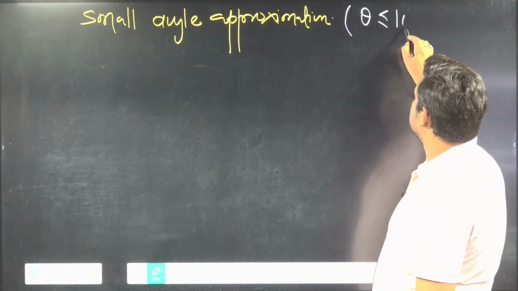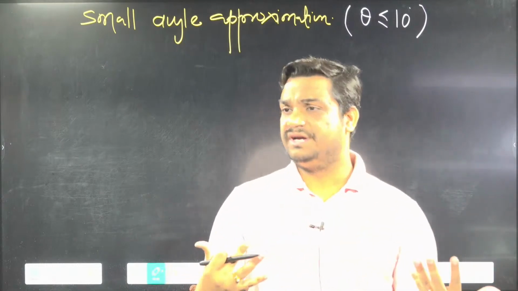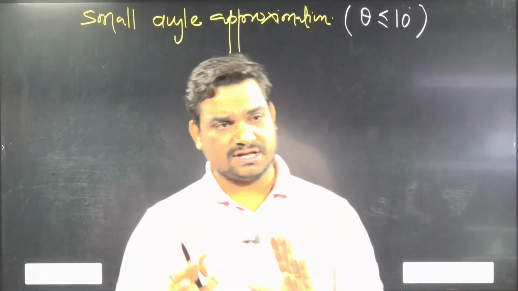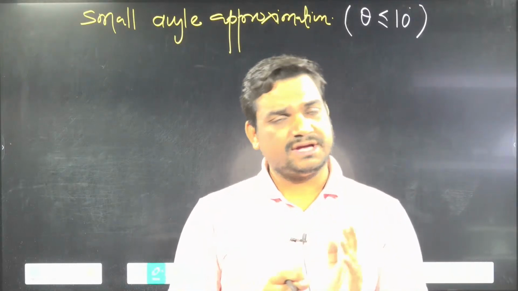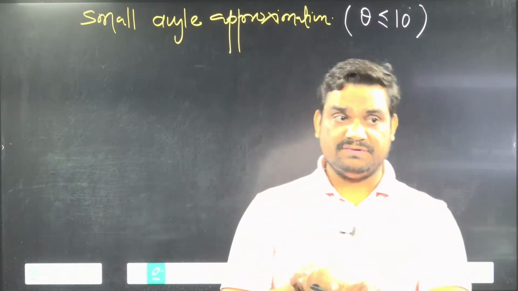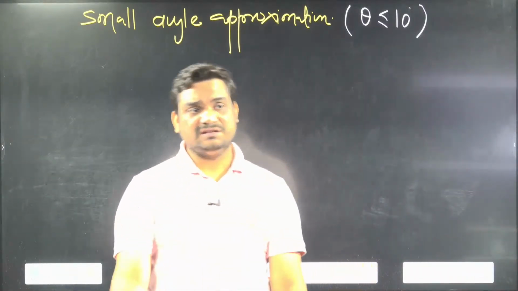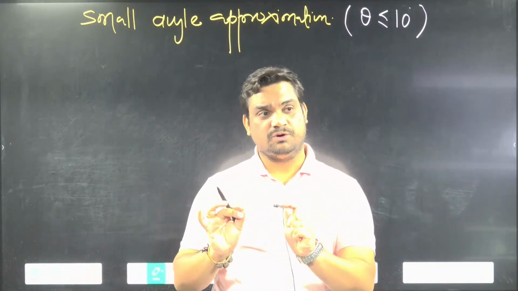When theta is less than or equal to 10 degrees, we consider it a small angle. Like 1 degree, 2 degree, 3 degree, 4 degree, we consider as a small angle. Beyond that, we will not take as small. We can figure out separately, like we know sine 15, cos 15 values we can find. So that way we can calculate, but up to 10 we can take these angles as small angles.